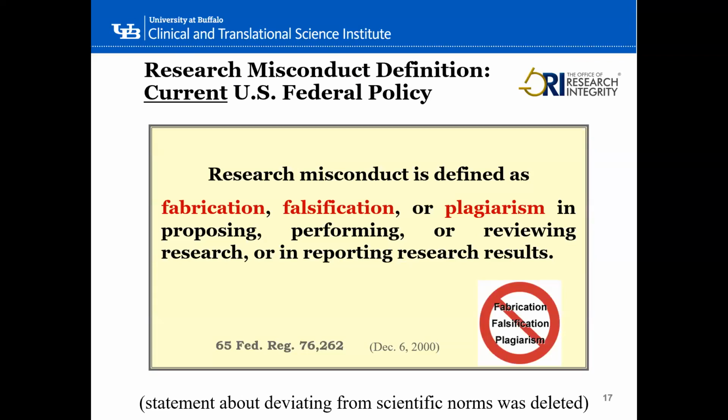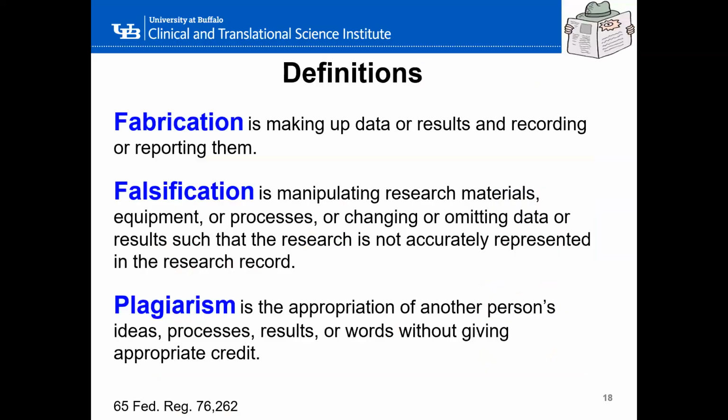And the statements about deviating from scientific norms was deleted. The reason why is because they could hardly get common agreement across fields on what exactly the scientific norms are. So to make things very simple and very easily understandable, this is the current definition of research misconduct.